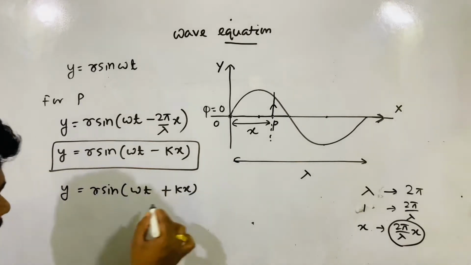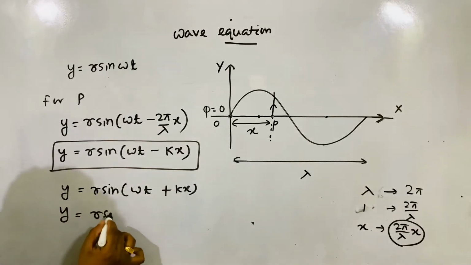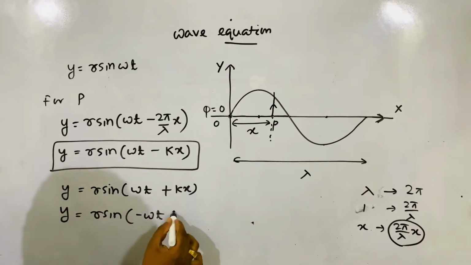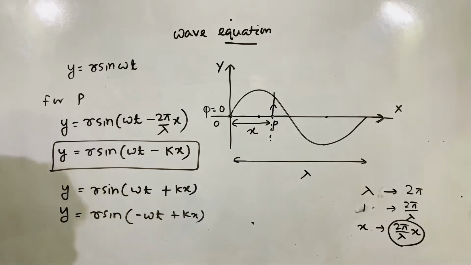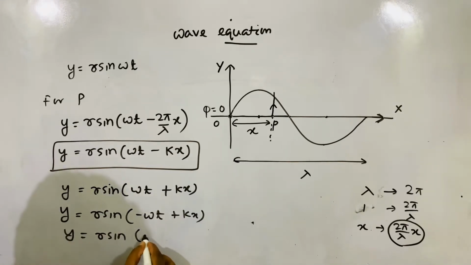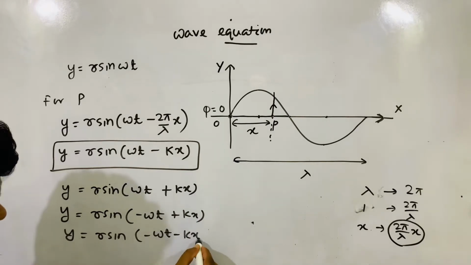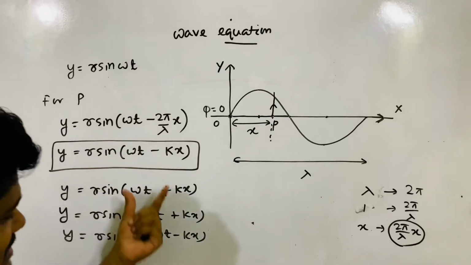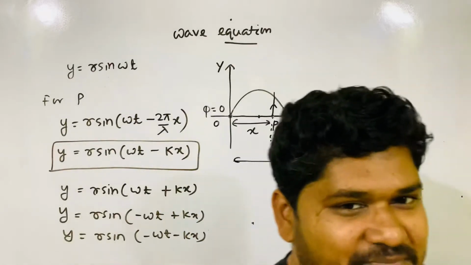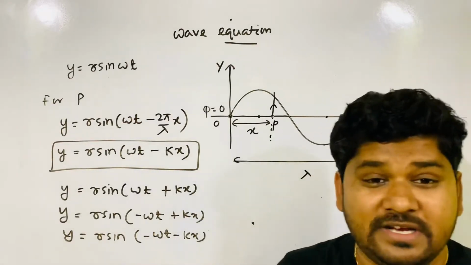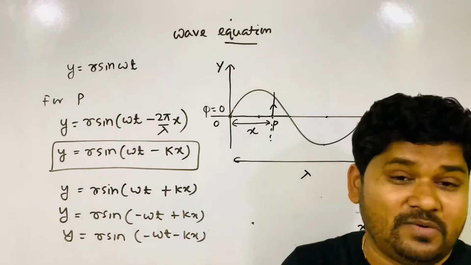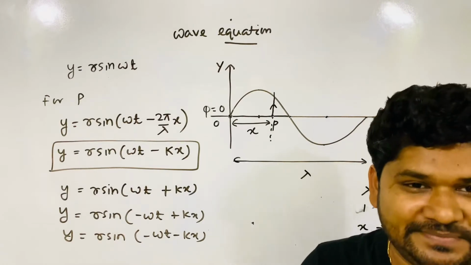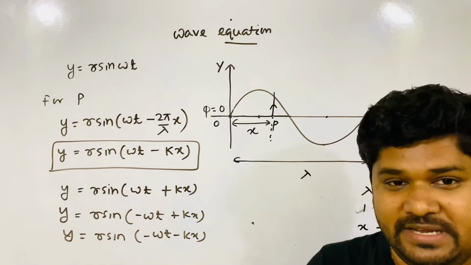It can also be y is equal to r sine minus omega t plus kx. It can be y is equal to r sine minus omega t minus kx. In different forms the equation will come. But one thing you remember here. This is very important.